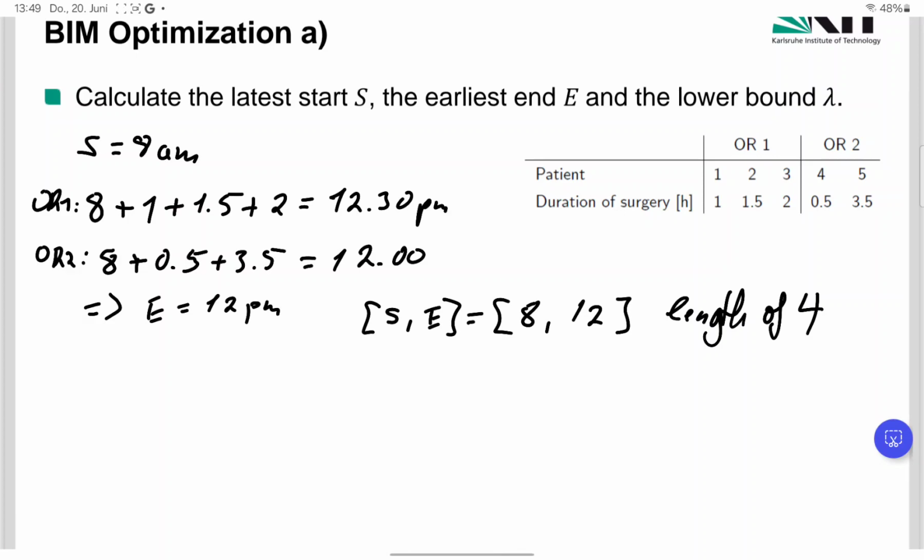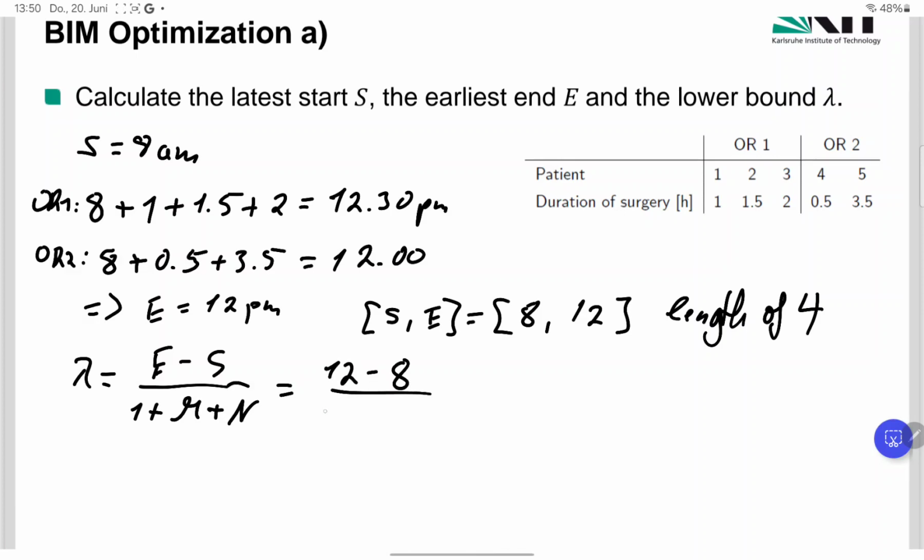For this we would like to determine the lower bound. The formula was, as you might remember, the occupied interval E minus S, divided by 1 plus the number of surgeries minus the number of operating rooms. So in our case it's 12 minus 8, and then we have 5 patients for two operating rooms, and that means we have 4 divided by 4, and our lambda would be 1 hour.